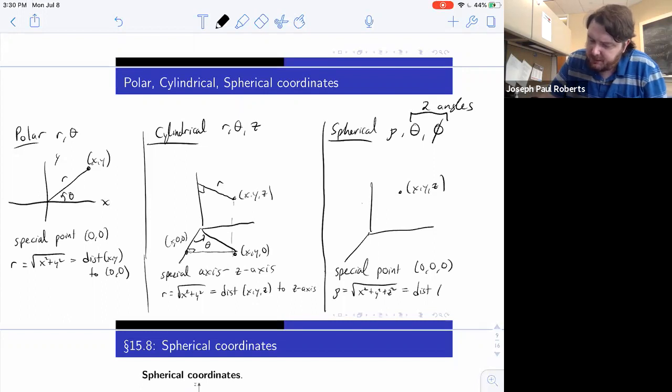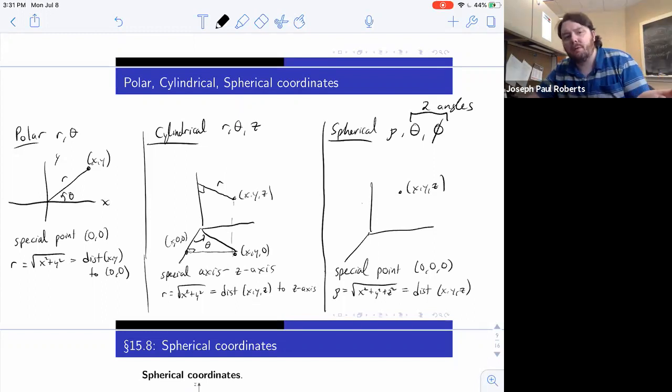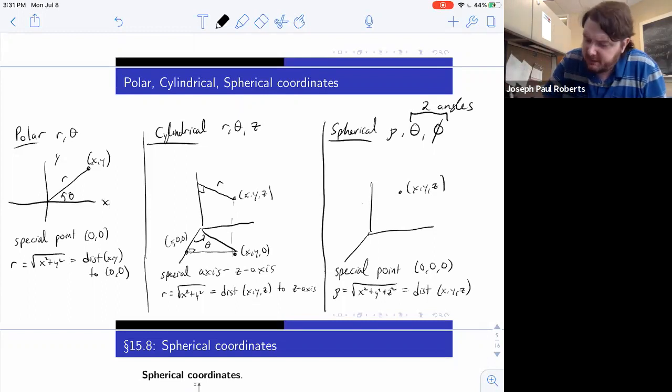So spiritually, in that sense, spherical is the natural extension of polar. Equations-wise, you're recycling equations for cylindrical and polar, but the concept of having a special point and being the distance from x, y, z to that special point, that concept is extended into spherical.